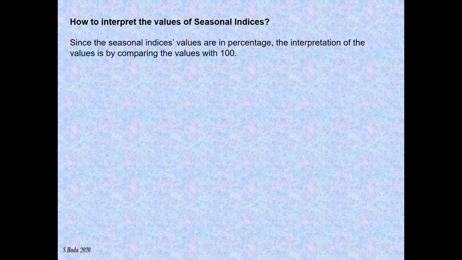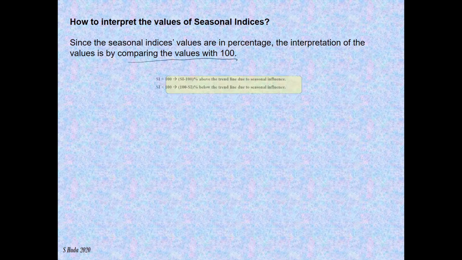Now you already know how to calculate the seasonal index, but what does it mean? You need to know how to comment, interpret, or explain the value of SI. When you need to give any comment related to the seasonal index value, you need to compare the value with 100.